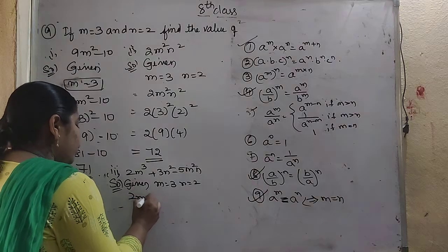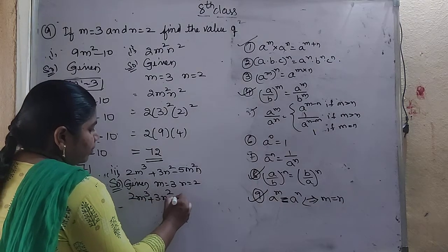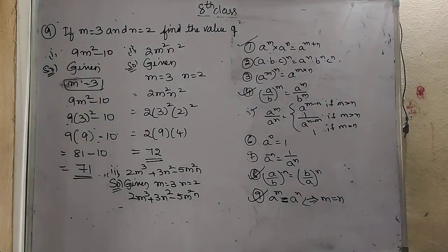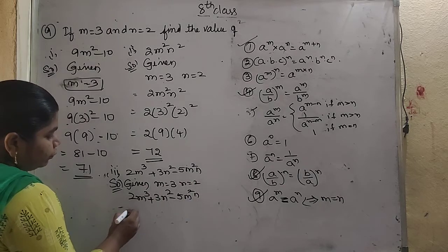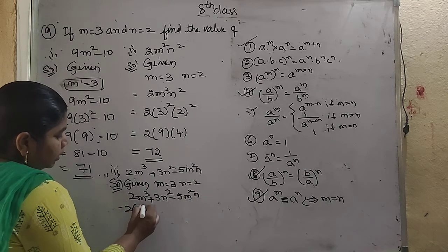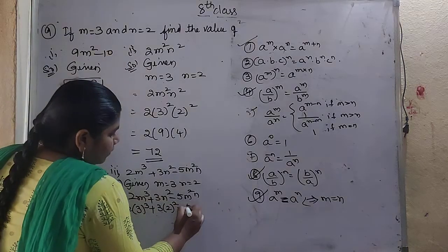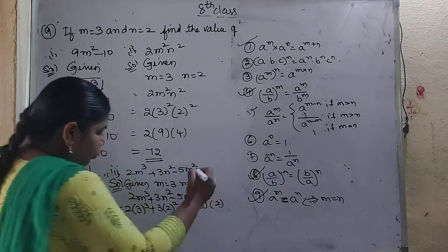Expression is 2m cube plus 3n square minus 5m square n. So in place of m we have to substitute 3. In place of n you have to substitute 2. So 2, 3 cube plus 3, 2 square minus 5, 3 square, and n value is 2.